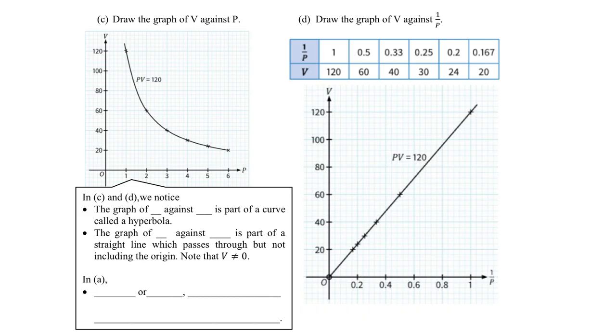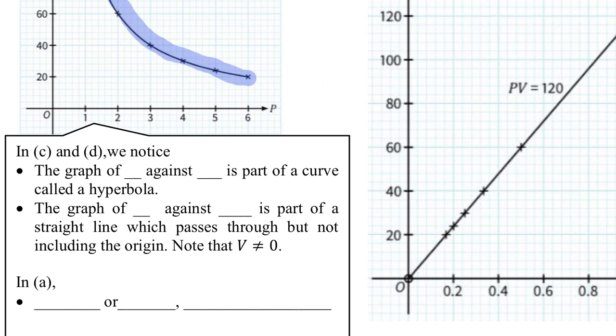This is something for you all to take note, which I went through previously in the introduction. When we plot V against P, it is actually a curve, and the curve is called a hyperbola.